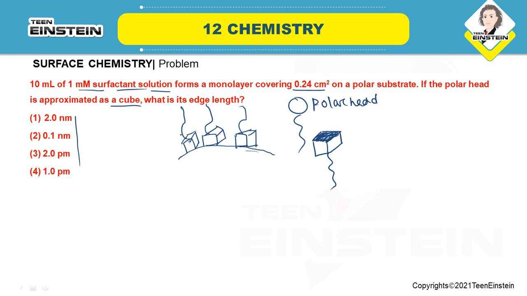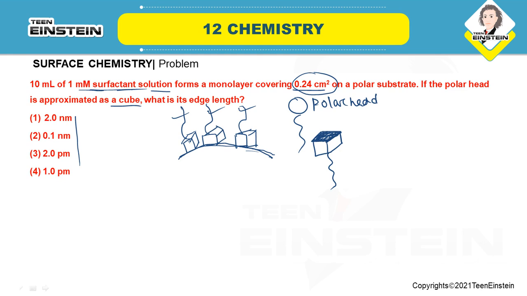So suppose I have drawn here 3 surfactant molecules. So this type of square surface area, this is actually the surface area of a square, we are not taking all the faces of the cube, we are taking only one face. So this is actually the area of a square. So this total area is given, and you know the concentration of the surfactant solution.